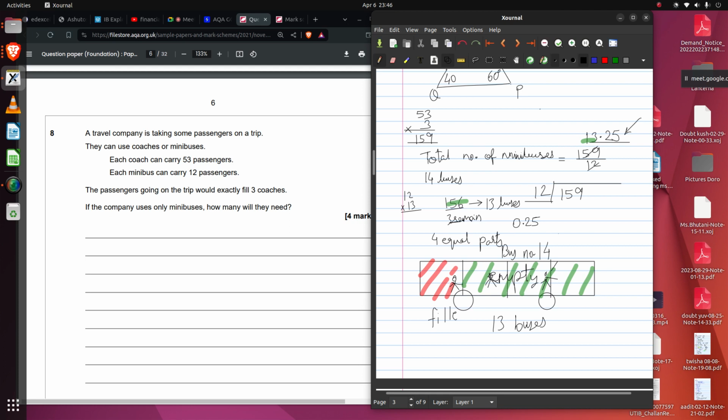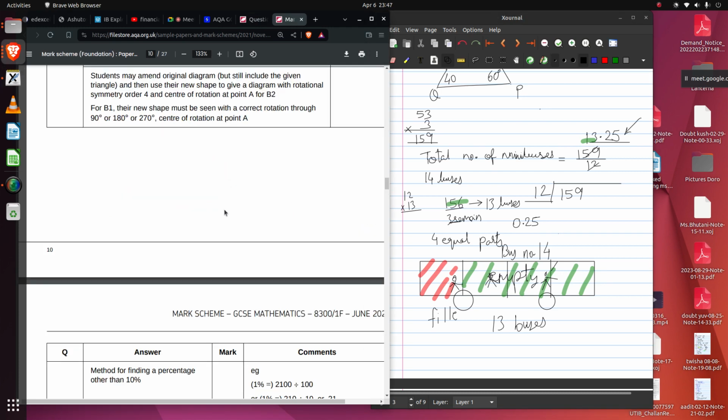You can't hire a coach. Minibus. So this is one more minibus, no? So total how many minibuses are there? Total 14 minibuses are there. Is that right? 14. Yeah.